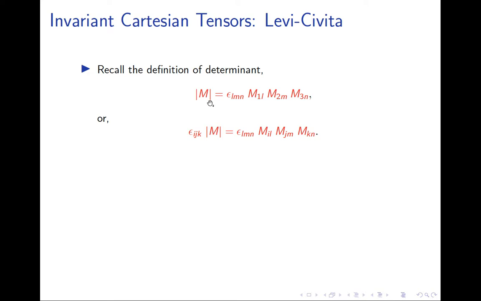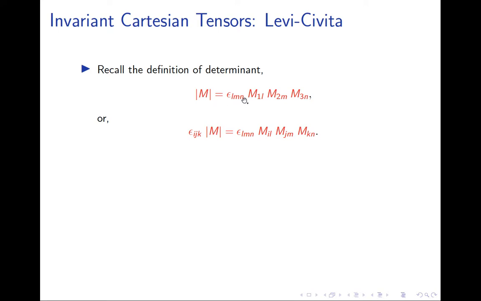Whenever you see this bar enclosing a 3 by 3 matrix, you should know that I'm talking about the determinant of that matrix. Other ways of denoting the determinant you find in books is the letters det. I'm not going to use that because it's a bit cumbersome. I'm going to use this single bar to denote the determinant of a matrix M.